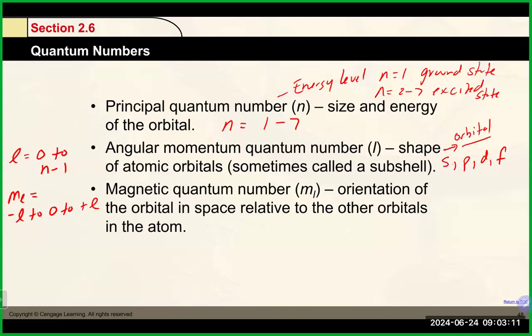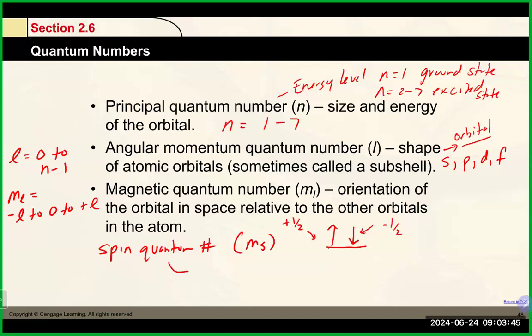The last quantum number is the spin quantum number, sometimes referred to as m sub s, and that really has to do with electrons. Electrons in an orbital can either be arranged in the upward direction, which means it has plus 1/2 for the spin, or in the downward direction, which means it has minus 1/2.